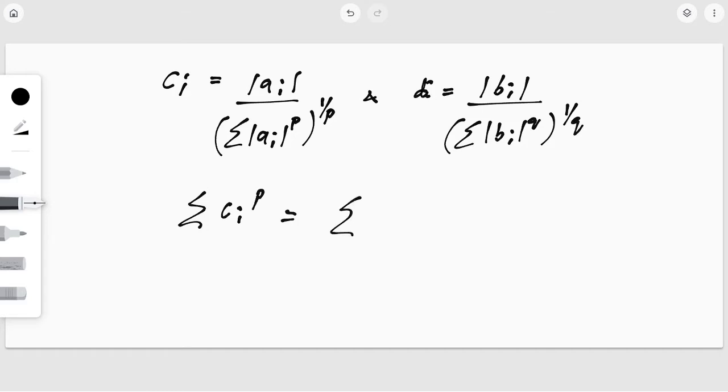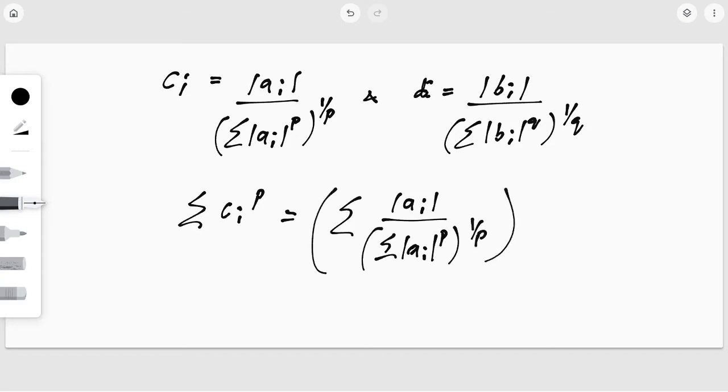This will be summation of (mod ai by (summation mod ai raised to p) whole raised to 1 by p) whole raised to p. Taking the power inside, p and 1 by p get cancelled, so this will be summation mod ai raised to p divided by summation mod ai raised to p. So finally we get it to be 1.